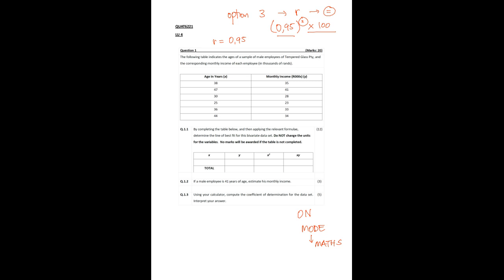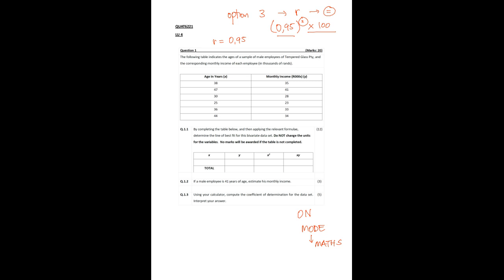It will revert to the normal settings, not stats mode. Honestly, I would advise this because if you're not comfortable with the calculator, you don't want to take a chance and mess it up somehow. So write down the value of r, change the calculator back to normal math mode and calculate r squared.